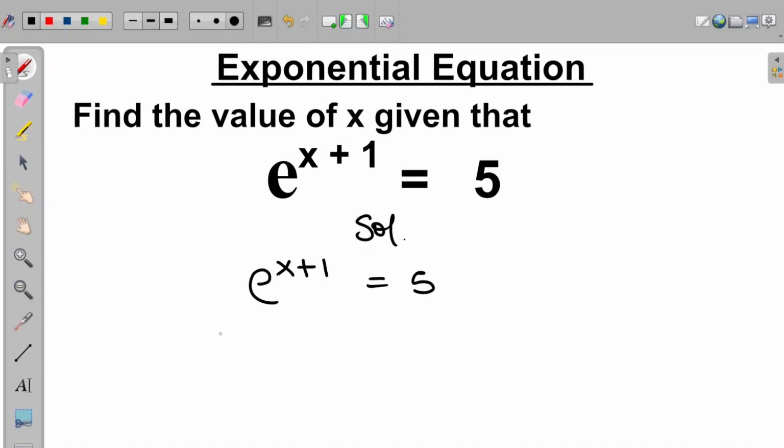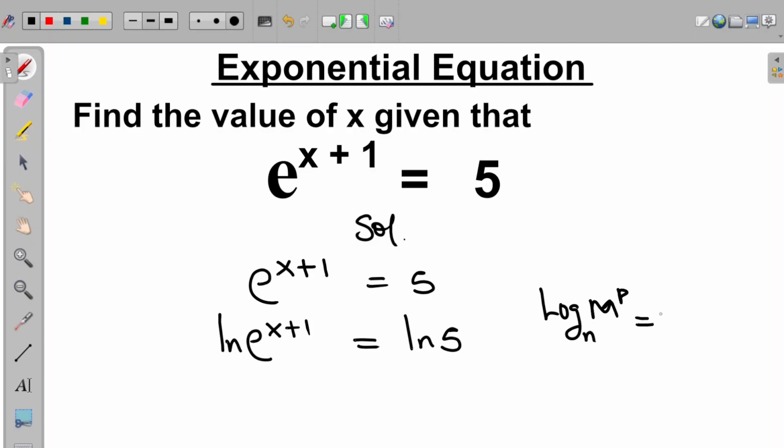So the equation becomes ln of e raised to the power of x plus 1 is equal to ln of 5. And recall that from our laws of logarithm, if we have log m to the power of p to base n, this can also be expressed as p multiplied by log m to base n.